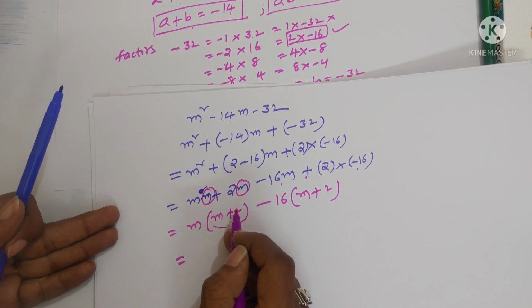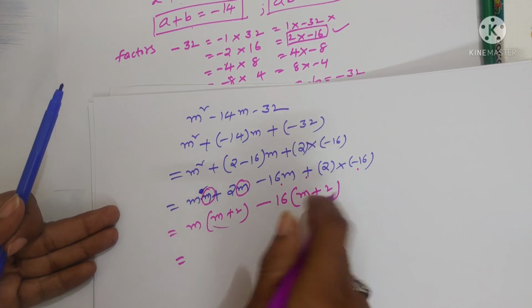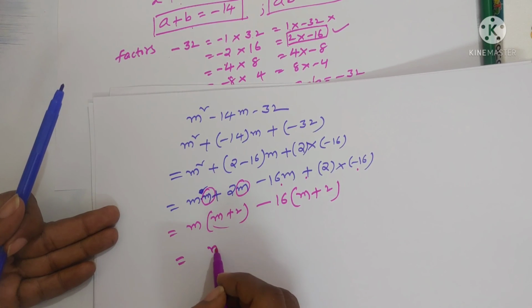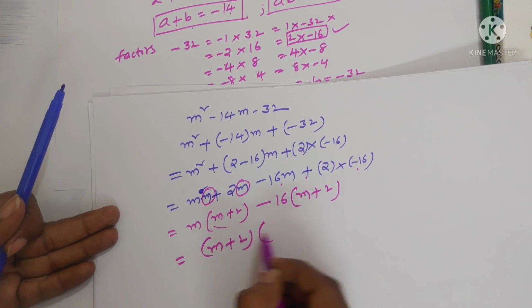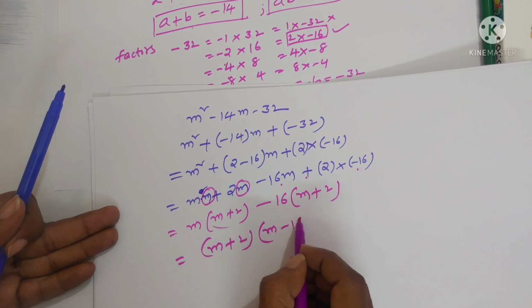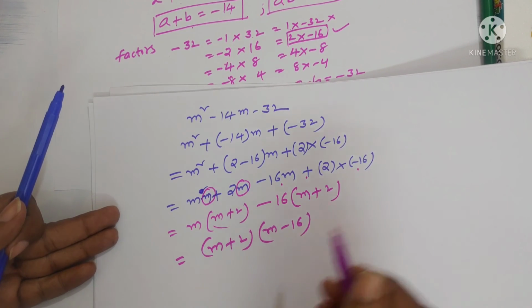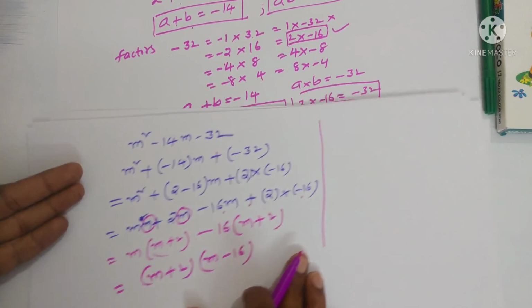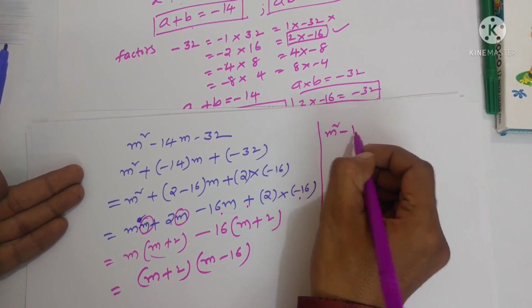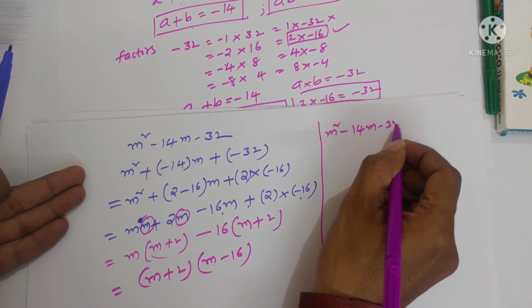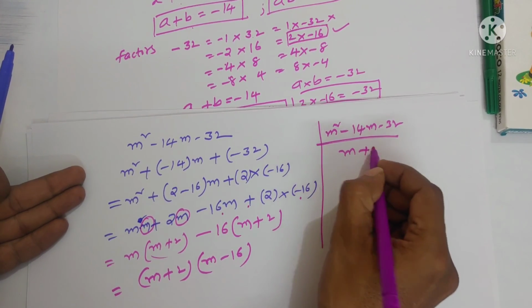Whatever you get as the first factor, that only you will get as the second factor. So now m plus 2 is the overall factor, take it outside: m plus 2 times m minus 16.